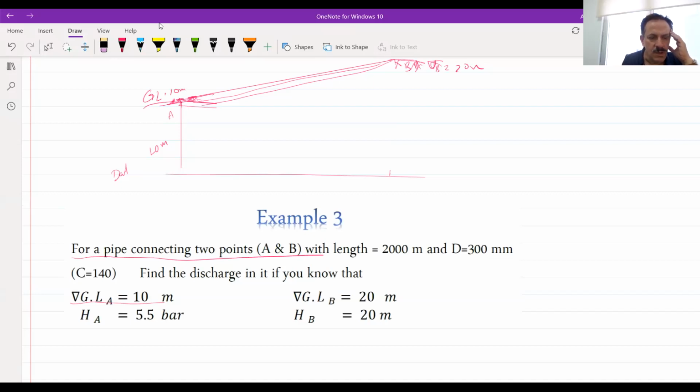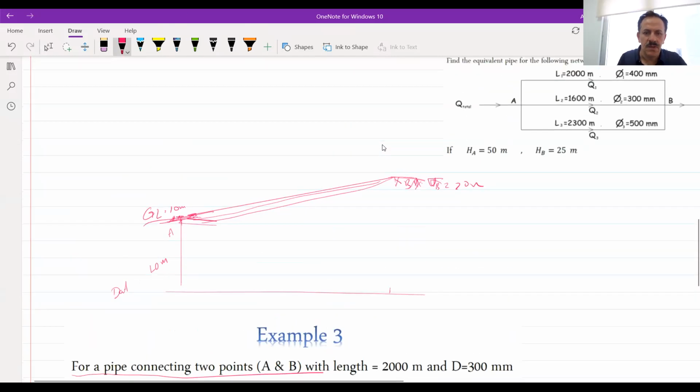Now we have the head of water in the pipe at A is 5, and at B the head is 20. It means that the water in this pipe has a pressure of 20 meters, and the pressure at this point is 5 meters.